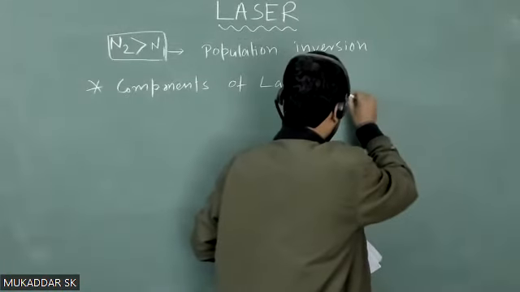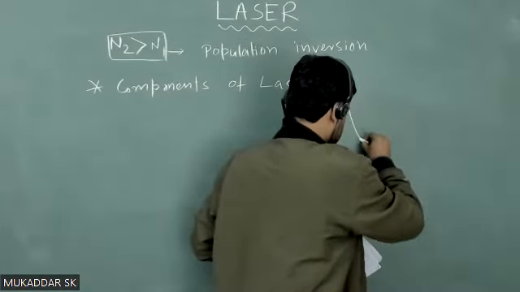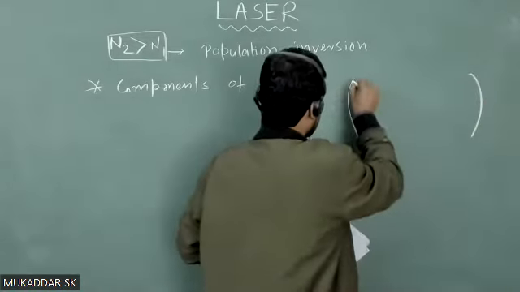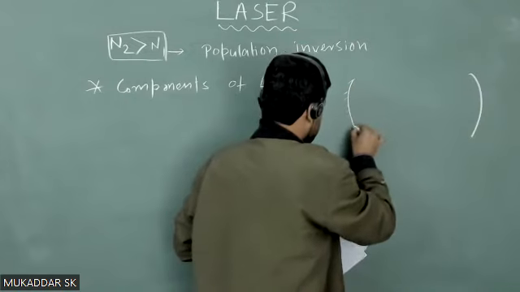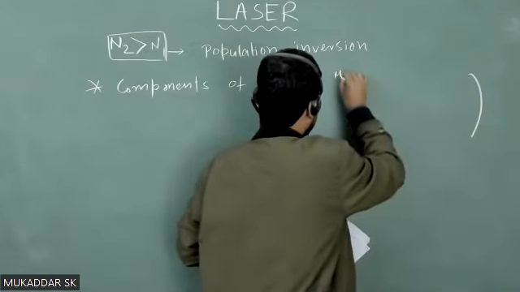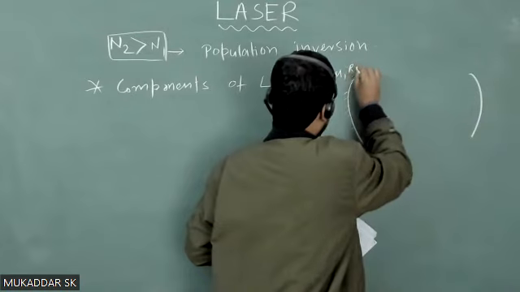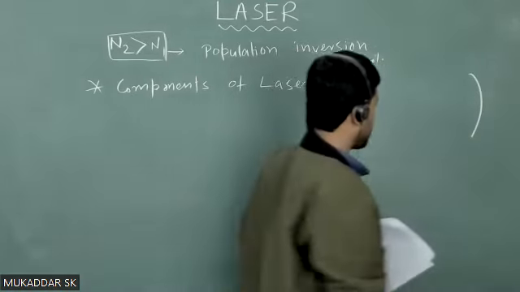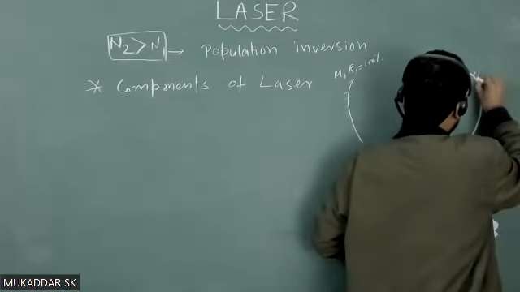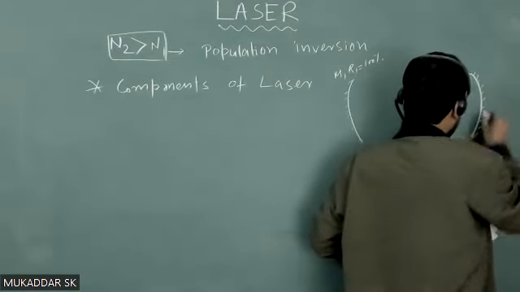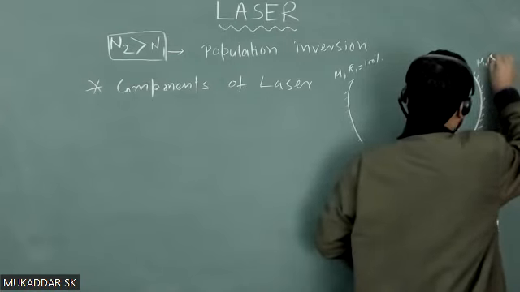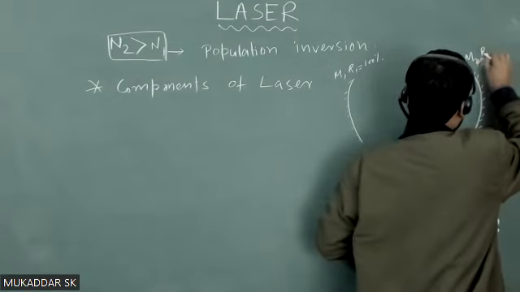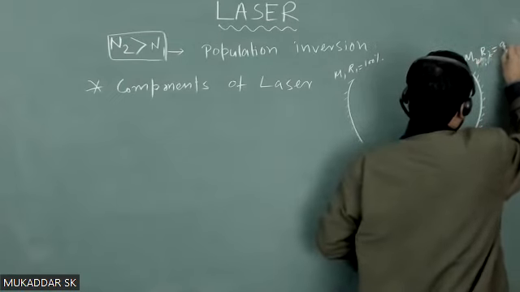So you have a mirror M1 with reflectivity R1, that is 100%. And this side you have a mirror M2 with reflectivity R2, okay, so this would be M2 with reflectivity R2, and that will be around 99%.